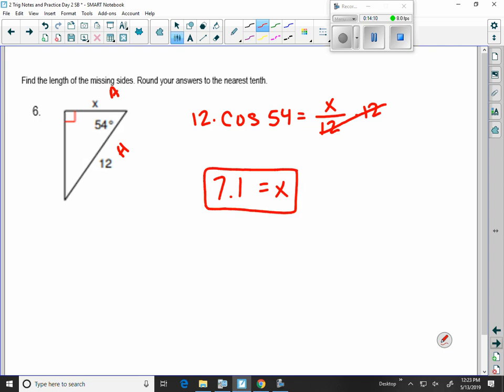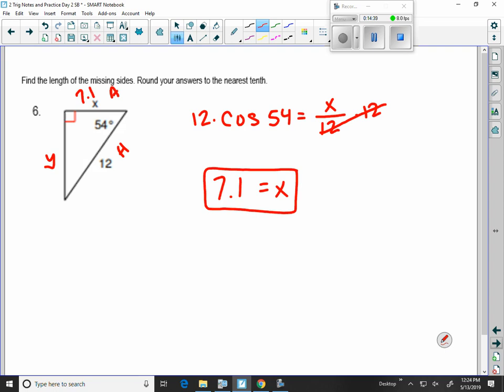Okay, now it says find the length of the missing sides. It doesn't say side. Okay, so once we have x, how can we find, I'll just label it y, the other side? Pythagorean theorem. Could we also do another trig function and solve for it?